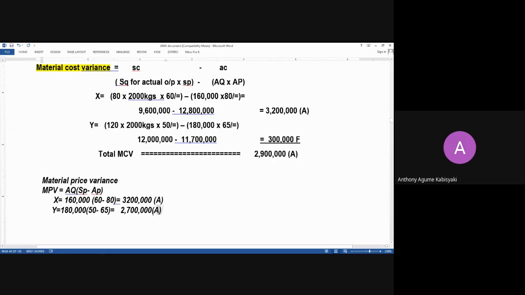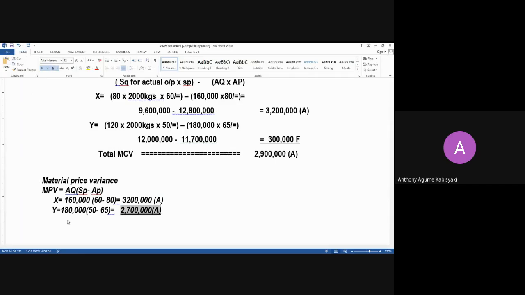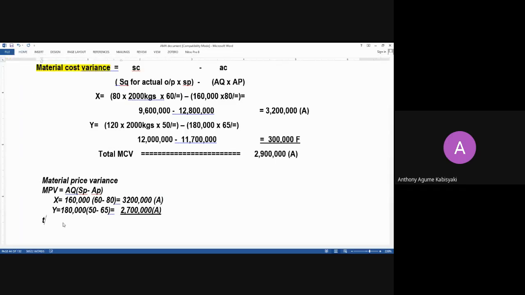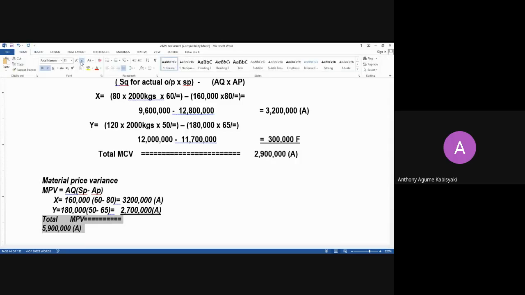So when you add these two, your total material price variance is what? 5.9. And it is adverse.